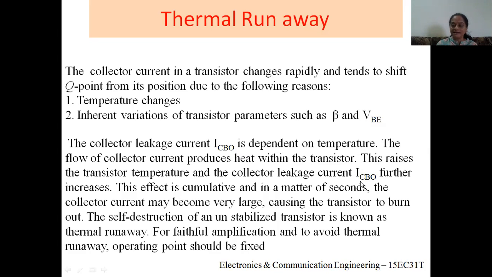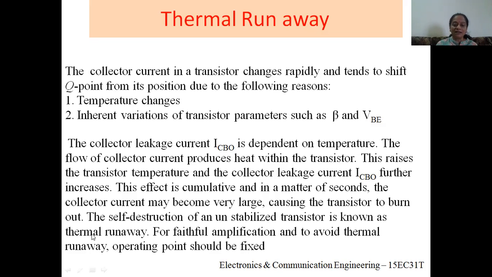It's called ICBO. The leakage current is because of the minority carriers. So when the leakage current increases, it's cumulative, meaning within a second the collector current may become very large and the leakage current increases, and this causes the transistor to burn out. So this may destroy the transistor, and this is known as thermal runaway.